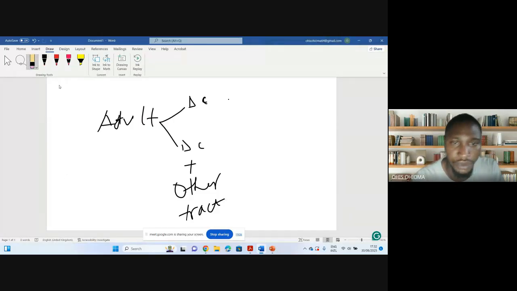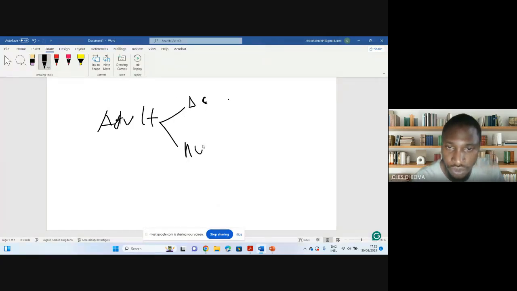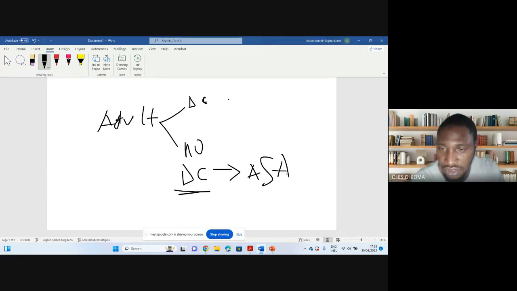I think there's a better way to do this. So the way to classify it is that when the dorsal column is affected, is DC. If the dorsal column is not affected, you have no DC, no dorsal column involvement. And the only example under here is anterior spinal artery syndrome.